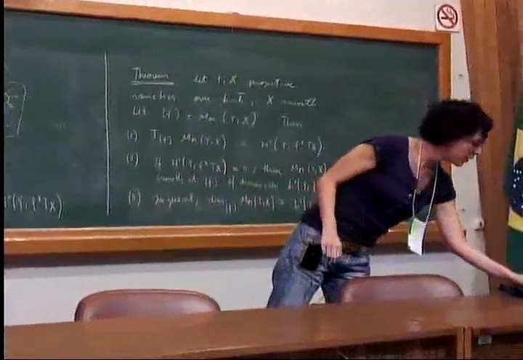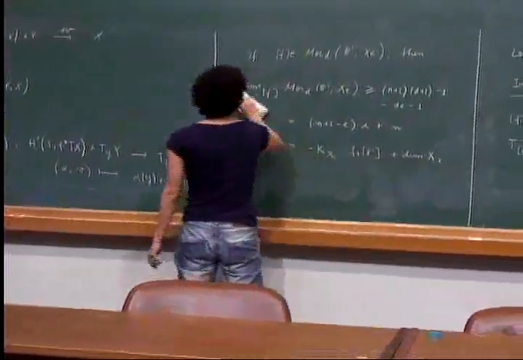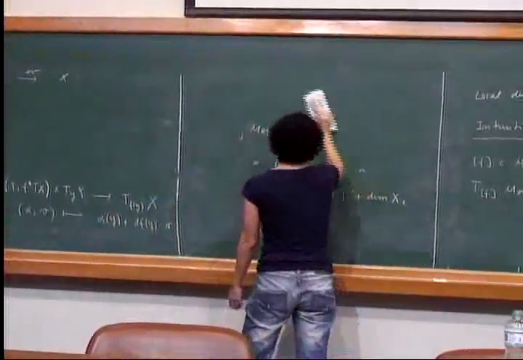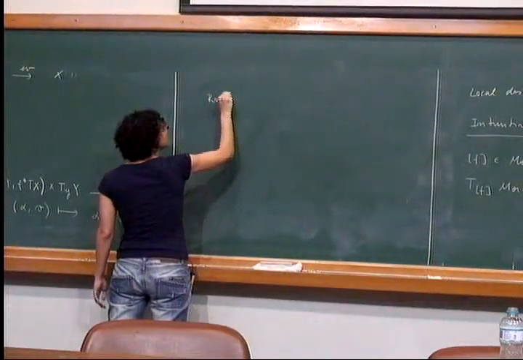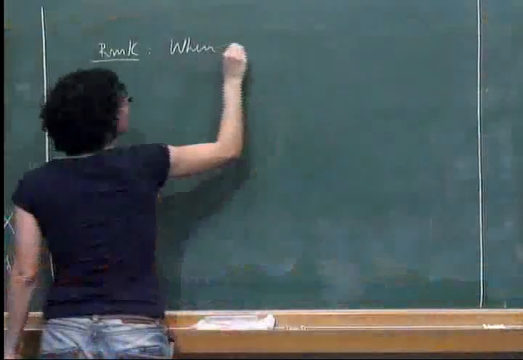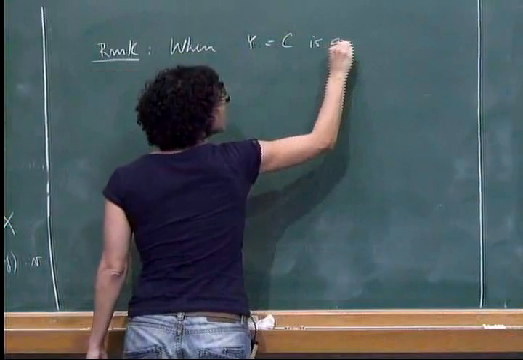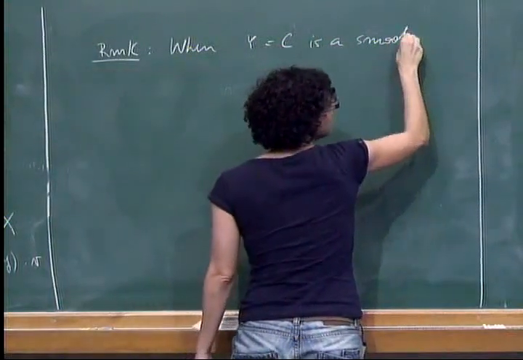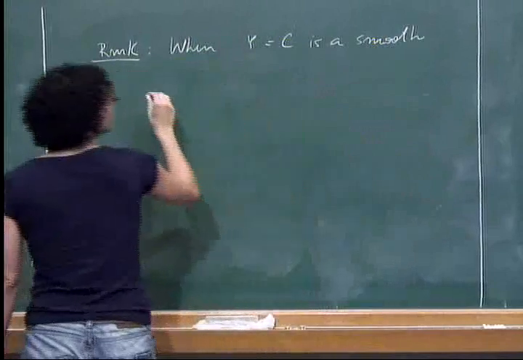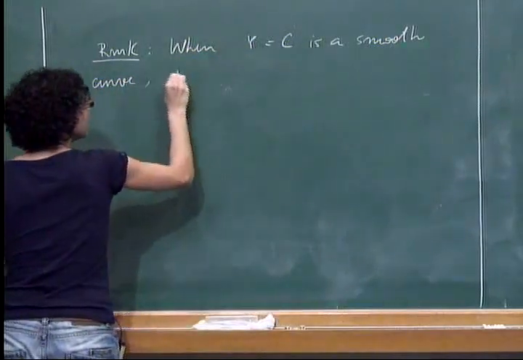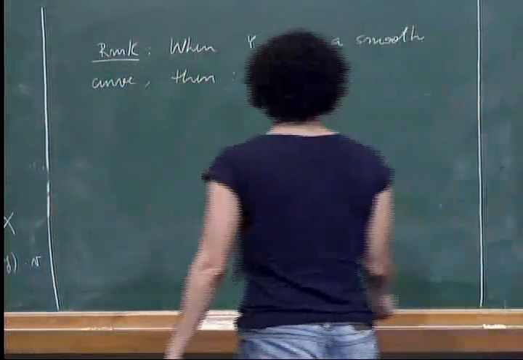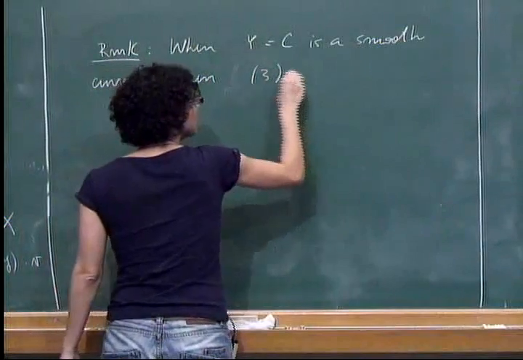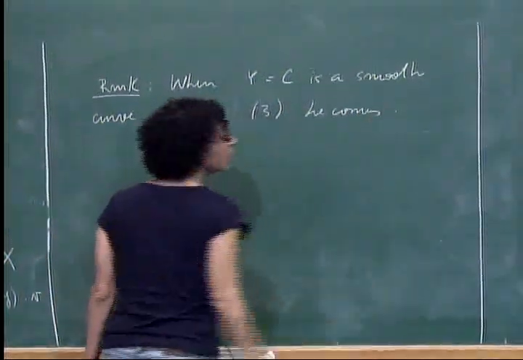I guess I don't have much time, so let me just make a remark when Y equals C is a smooth curve. Then if we look at 3, we get the following.